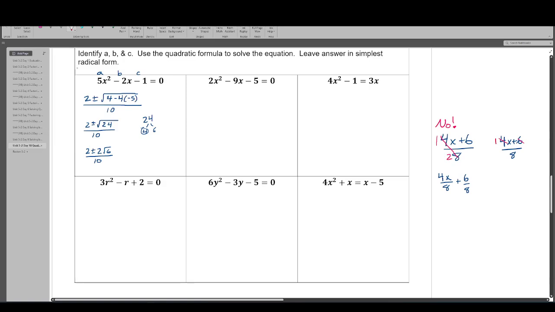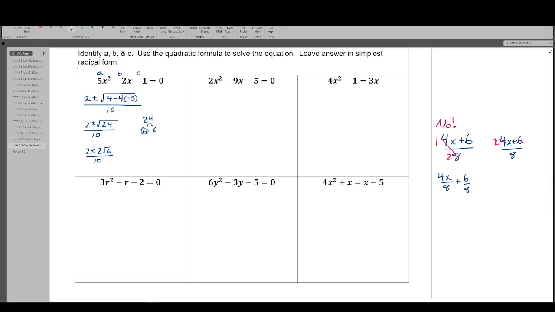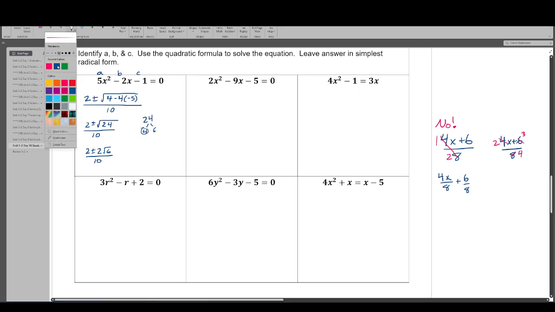So we can divide them all by 2. We have to write it back: this becomes a 2, this becomes a 3, and this becomes a 4. So all 3 of them have to simplify together. You can't just simplify 2 of them. Yes, I should have done that all in green, but whatever, I'm not going to go back.